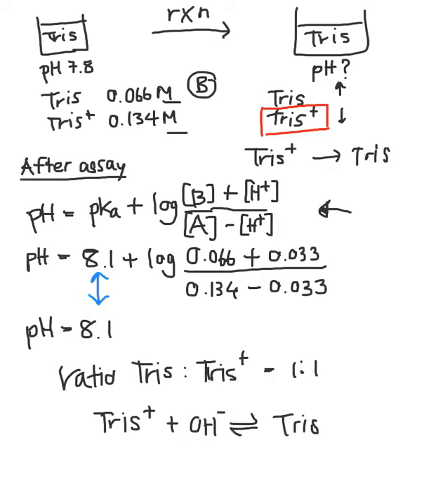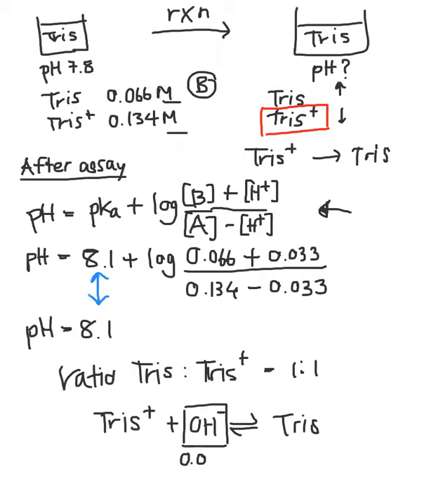So you can calculate the pH from the amount of hydroxide ion that is produced. You will have hydroxide ion produced at the same amount as the proton that was consumed.